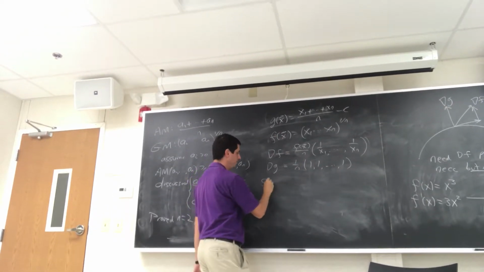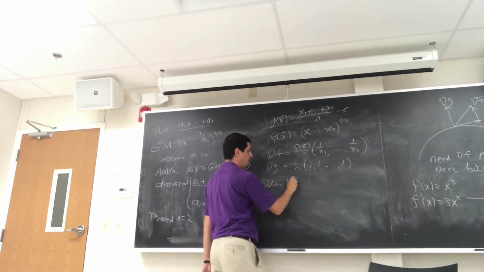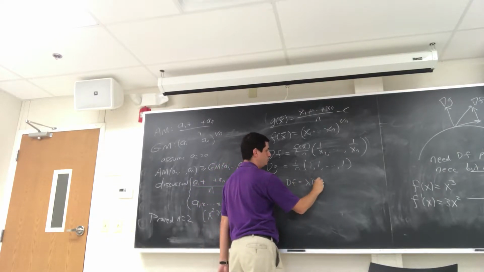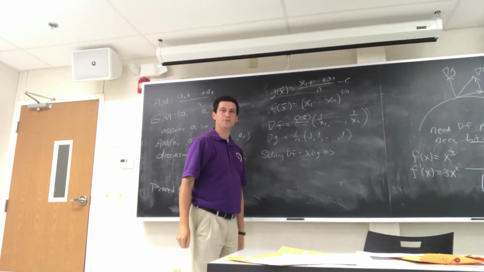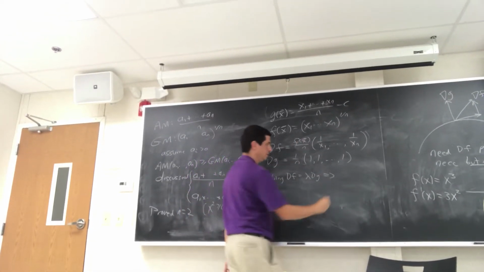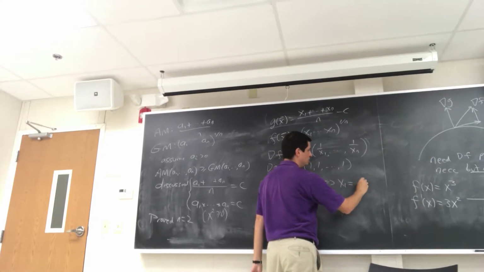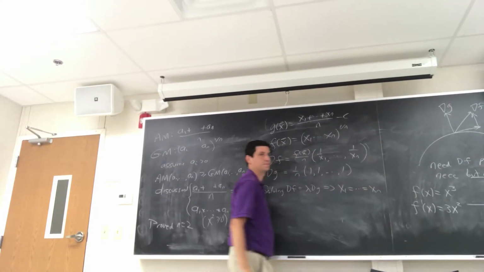So solving grad f equals lambda grad g, the only way we can do that is all the x's have to be the same. That implies x1 equals xn.